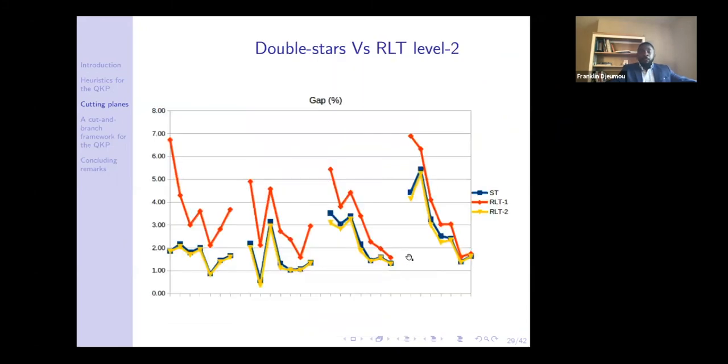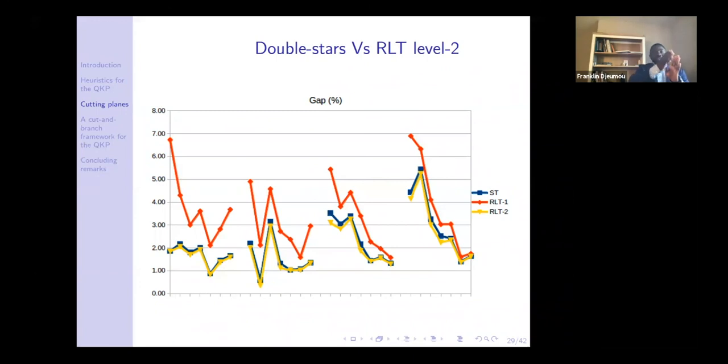important point here. Now, if you want to look at the double star inequalities that we developed, they are in fact a hierarchy of families of inequalities, where the idea is to strengthen the hierarchy of RLT inequalities.